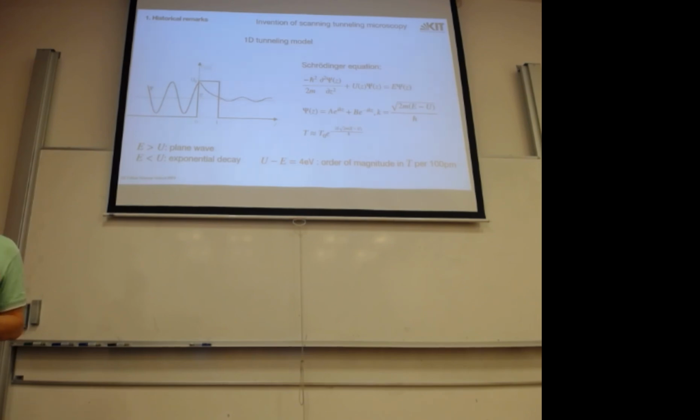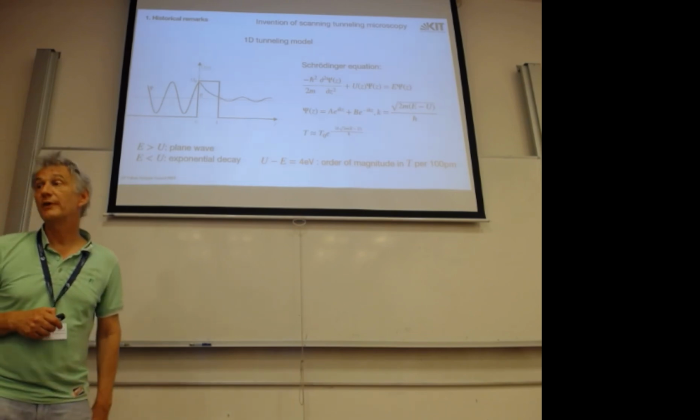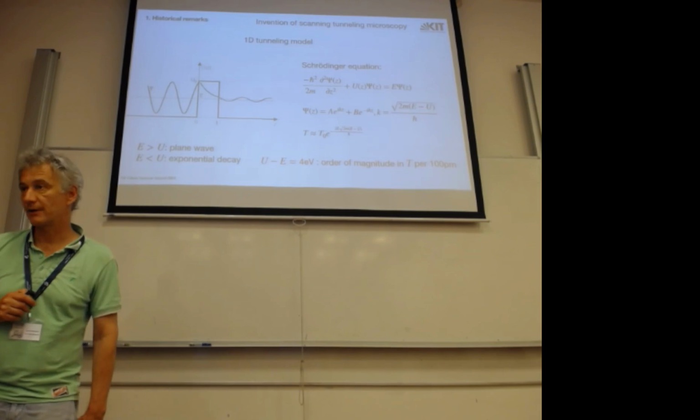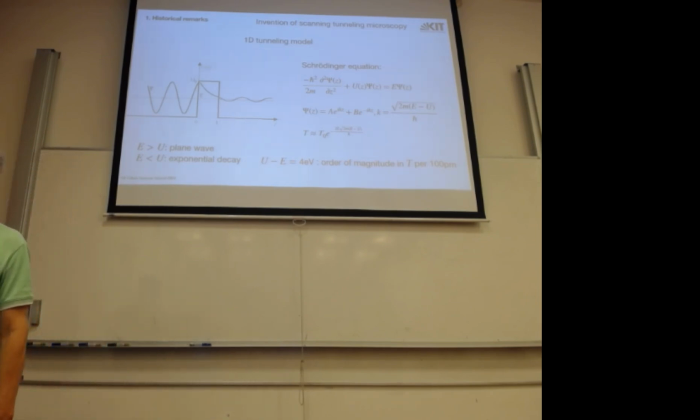But very recently there have been high frequency STM, so I don't speak about that. You modulate the voltage at megahertz, the sample charges and discharges very quickly, and you measure the AC current, and in this way you can also tunnel on insulators. But for the time being, this is all metals.